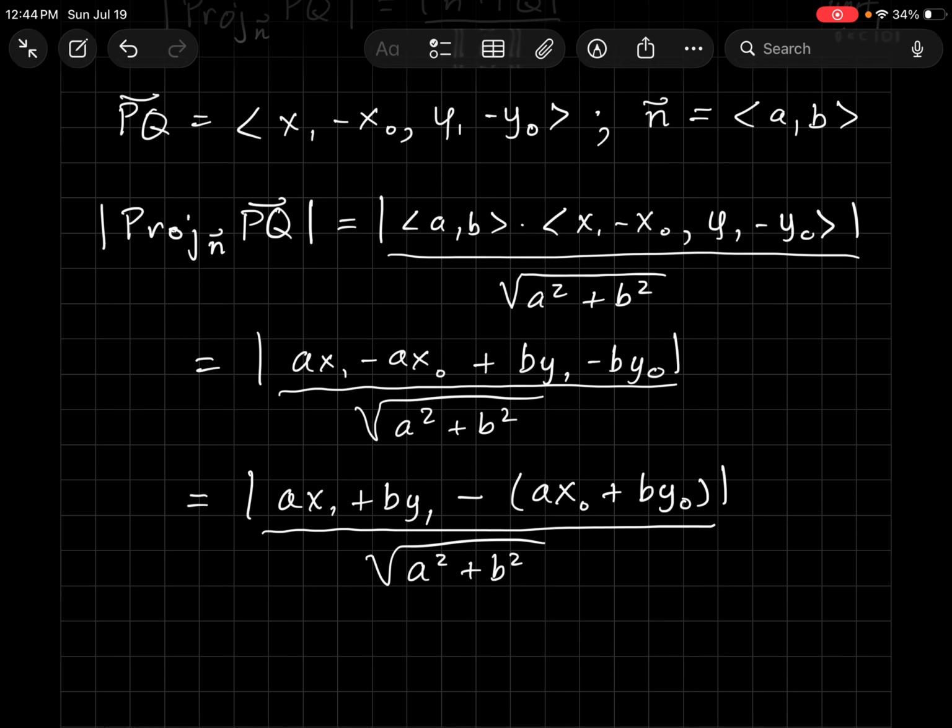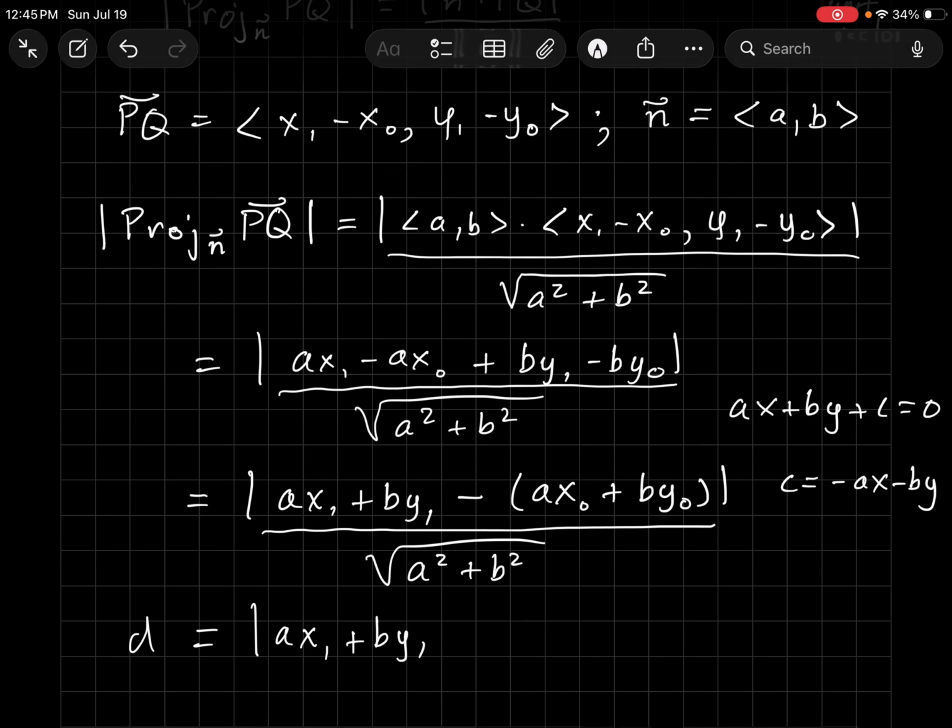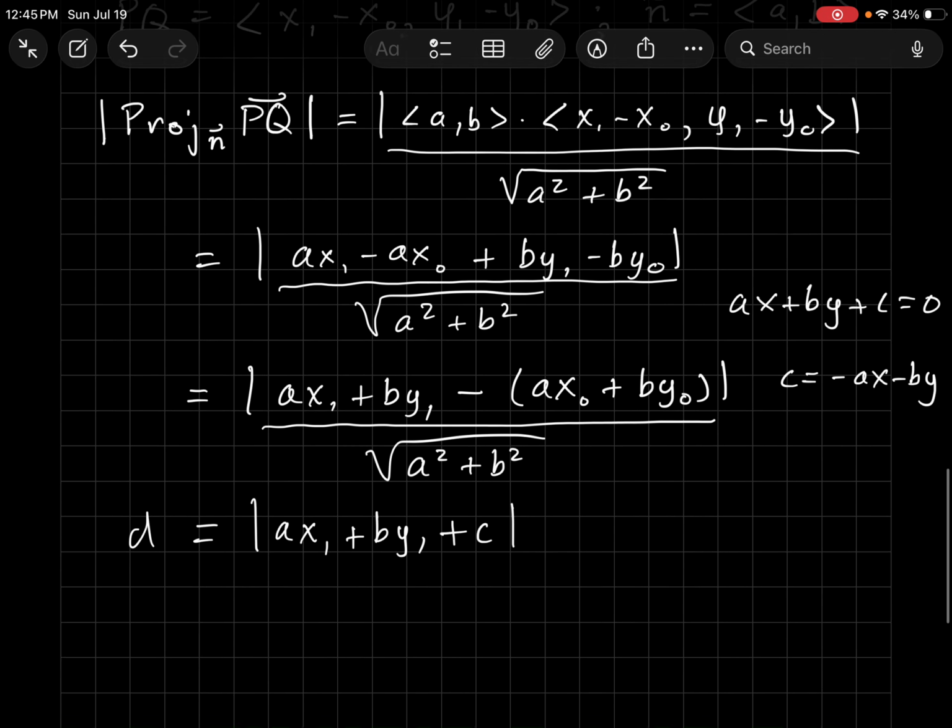Now if we look back at our equation, which I'll write one more time for us, ax plus by plus c equals 0, notice that I could write c equals negative ax minus by, which is true for any x and any y pairs on the line, which means that we could write our distance between the point and the line as ax1 plus by1 plus c all over the square root of a squared plus b squared.